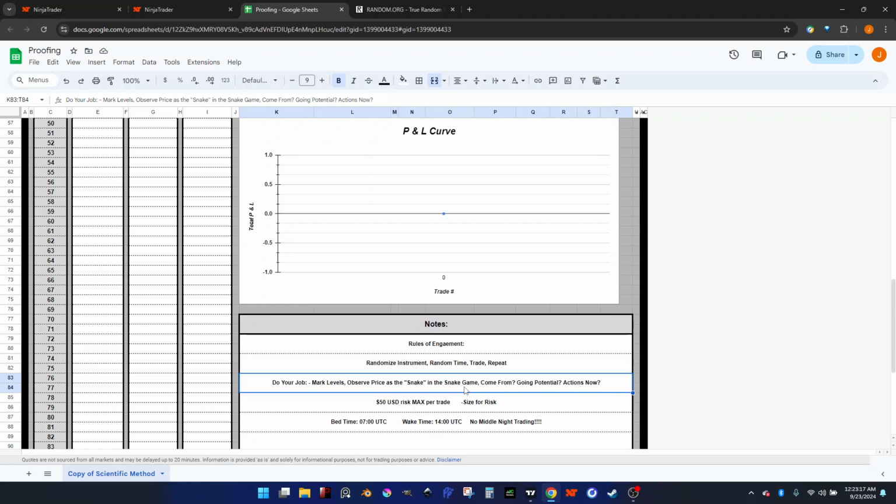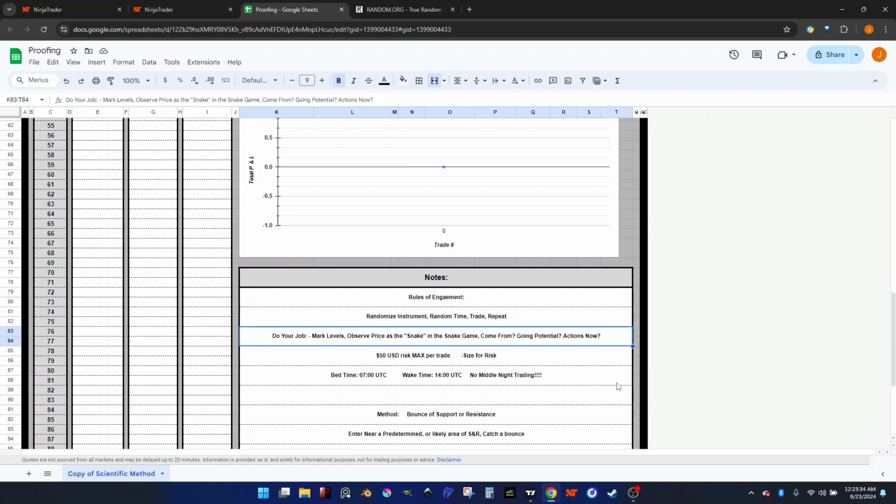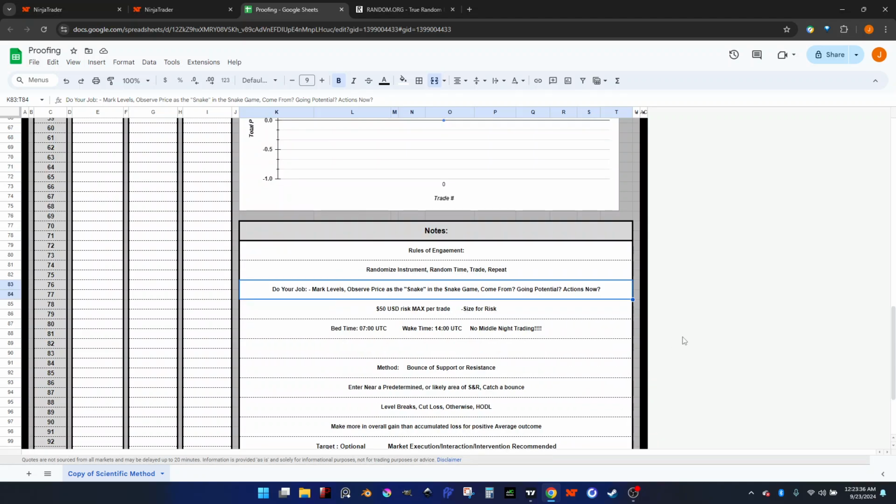Then the next part of our job after we mark our levels and observe the overall view, where are we coming from, where do we want to guess that it might be going, and what is it actually doing right this moment, this very instant, time of day, exactly when we're looking at it.